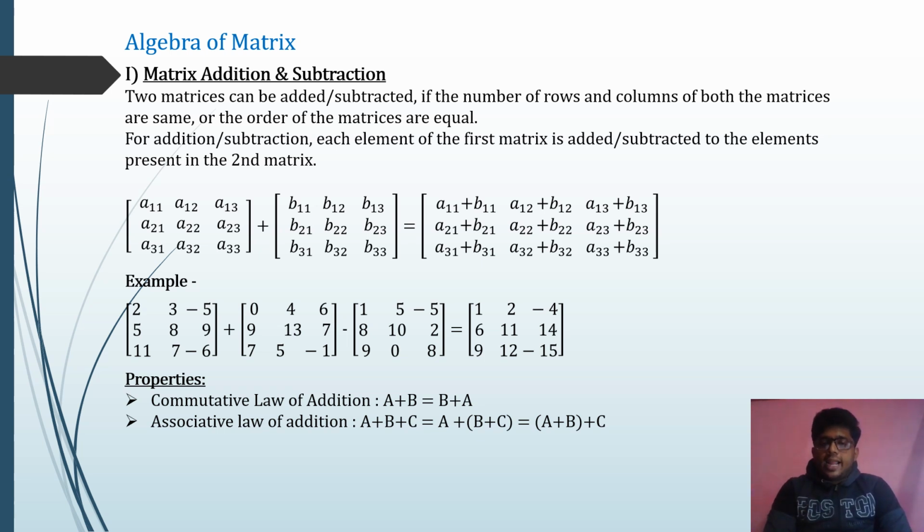Then we can add or subtract the matrices. Here you can see that the first element of the first matrix and the first element of the second matrix are added together. Similarly, the last element of the first matrix and the last element of the second matrix are added together. Here you can see an example.